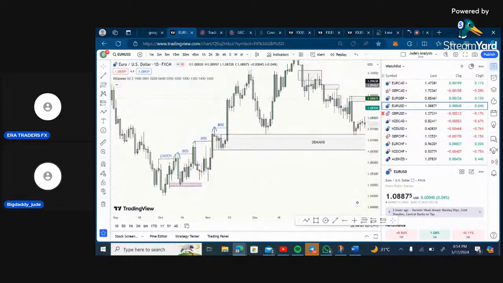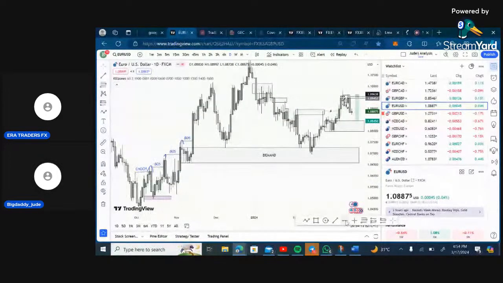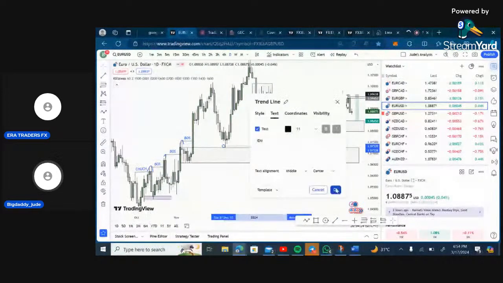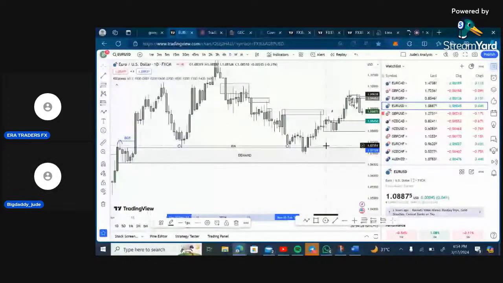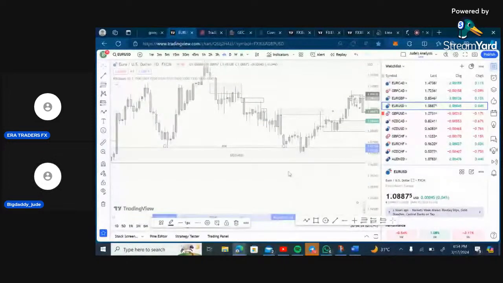And now we have also a sweep of inducements here. We had a sweep of inducements here, right? And we saw it tap into this zone, and now we are bullish on the daily. So you want to capitalize on these bullish movements after a tap on that demand.